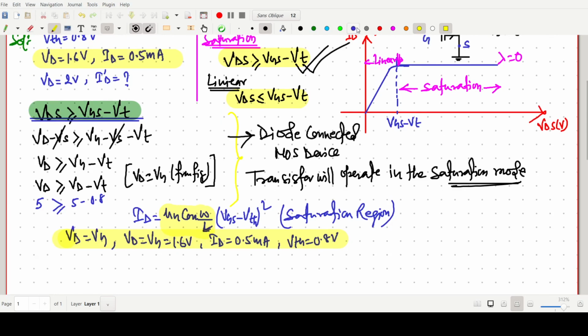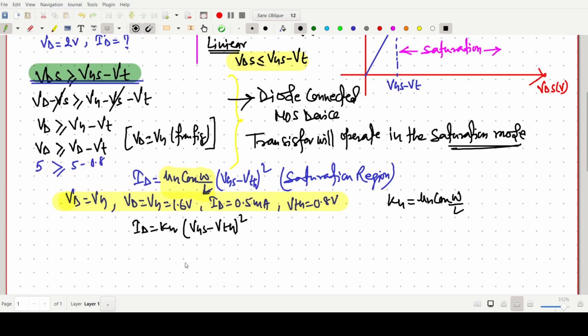So once again I am just simplifying this drain current equation: ID equals Kn times (VGS minus VTH) whole square, where this Kn is mu n Cox W by L. So we have to find the value of Kn first.